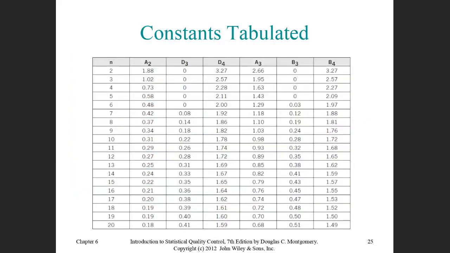Yes, so imagine if you have a sample size of 4, then you will use B3 as 0. If you have a sample size of 6, then you will use B3 as 0.03. So every time the control limits will be different. Also, drawing this manually is hard, so usually a software application is needed to conduct such a control chart.